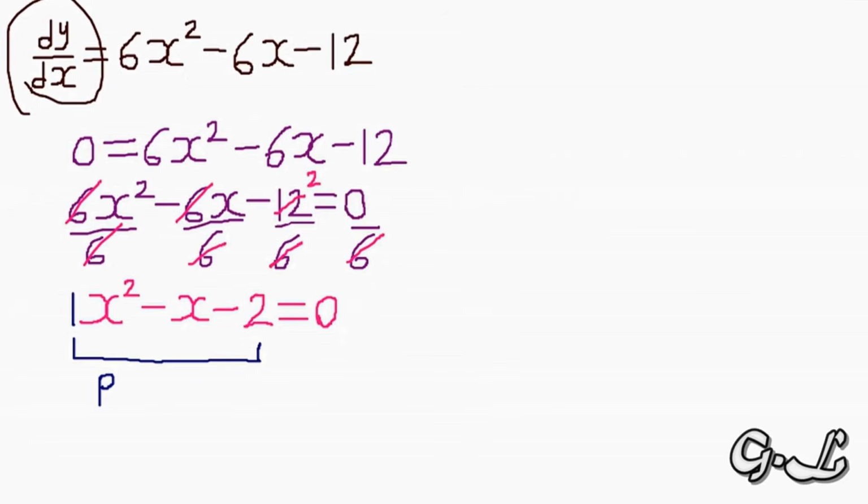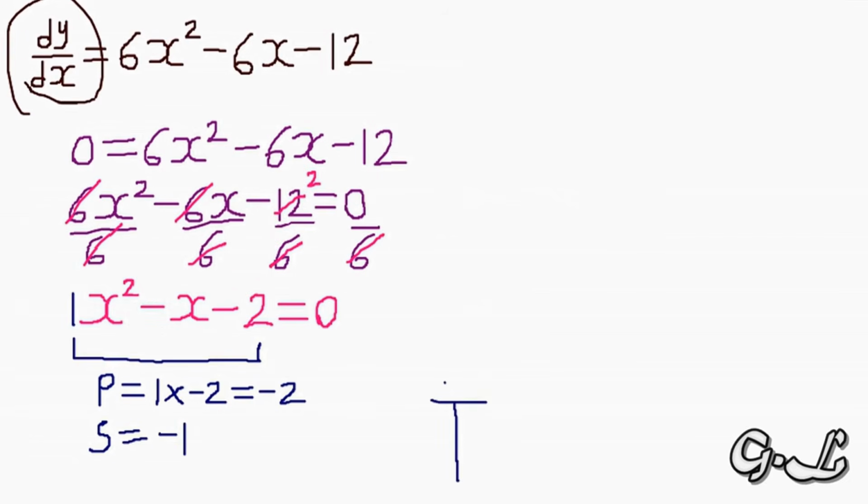So the product is equal to 1 times negative 2, which gives you negative 2. And then you need to know that the sum is the coefficient of x, which in such a case is negative 1.